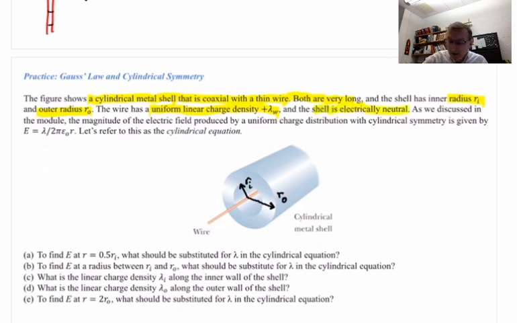That means it has no net charge. That's what electrically neutral means. Now, as we discussed in this section, the magnitude of the electric field produced by a uniform charge distribution with cylindrical symmetry, both of these things are that, is given by E equals lambda over 2 pi epsilon 0 r.